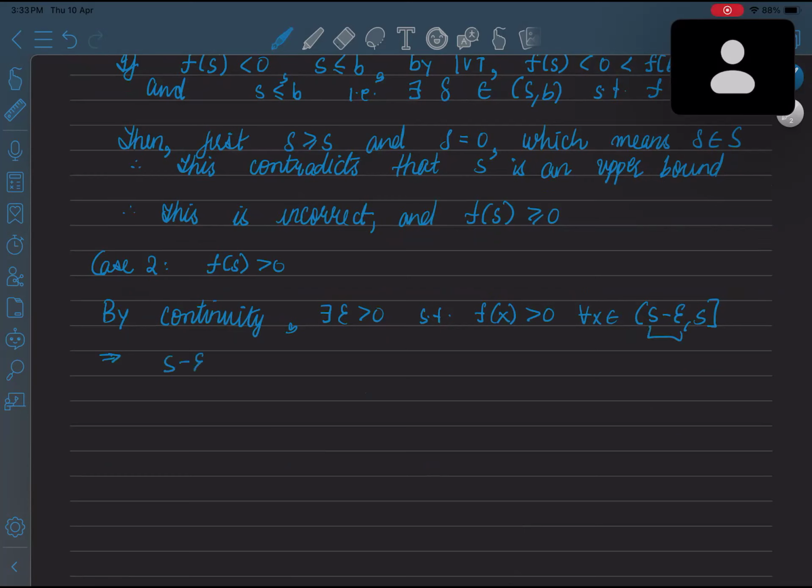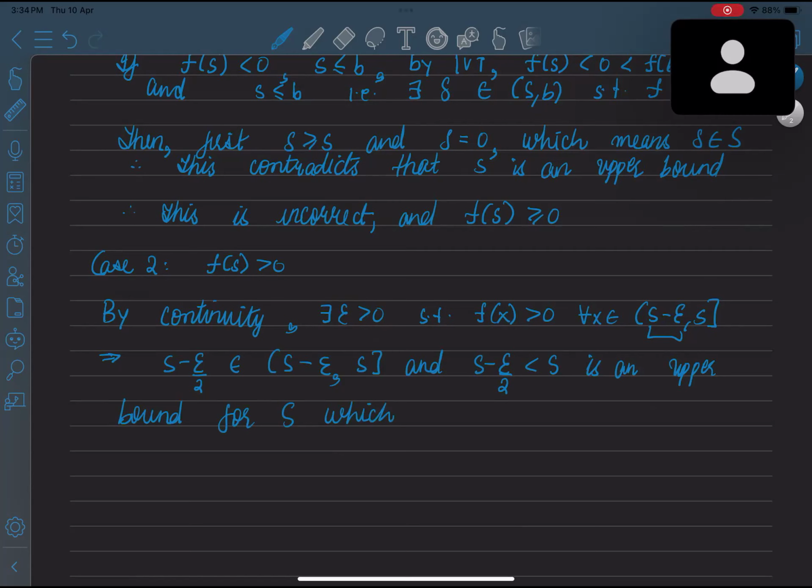So let's say S minus epsilon by 2 belongs to this interval, obviously, by inequality properties. And this means that S minus epsilon by 2, which is less than S, is an upper bound for your set capital S, which would contradict the fact that S is the supremum of S.